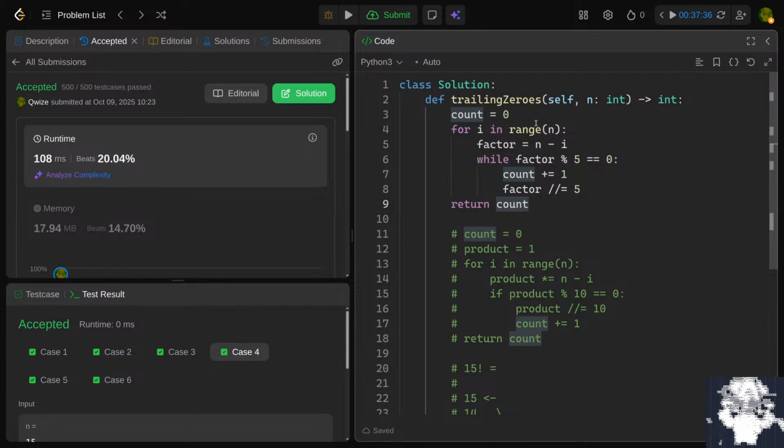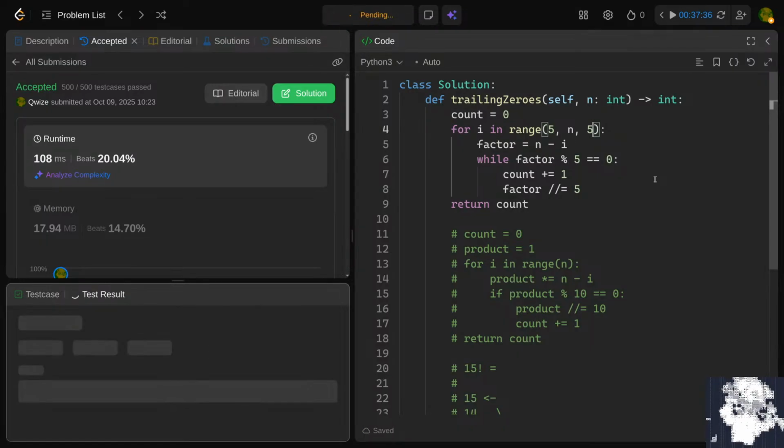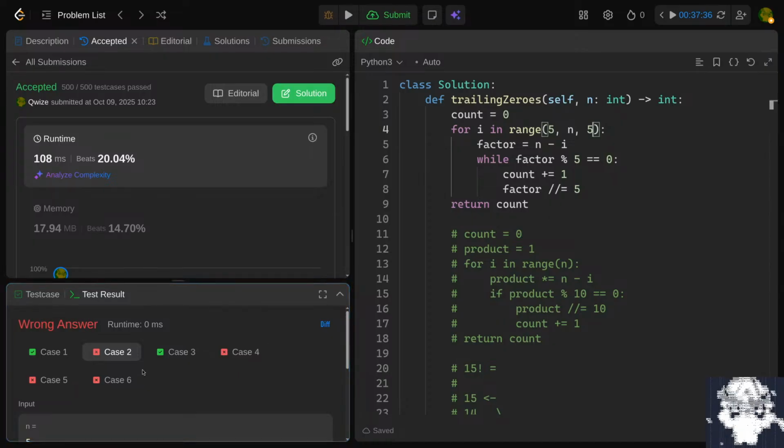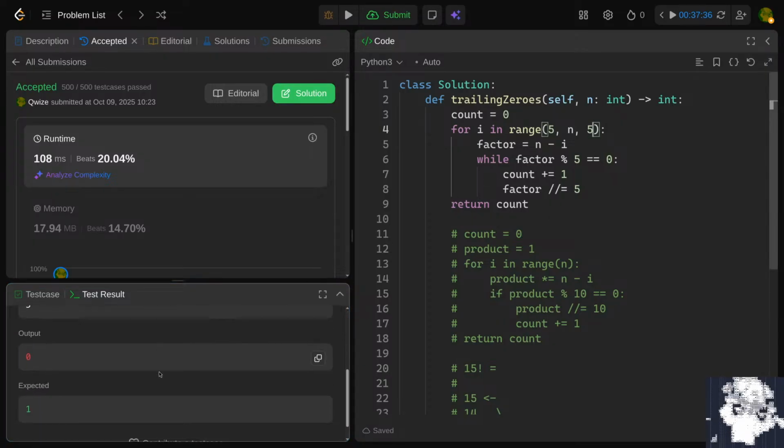So one obvious quick improvement is I can start at 5 and we can skip ahead by 5. Then I'm never considering numbers that aren't multiples of 5.